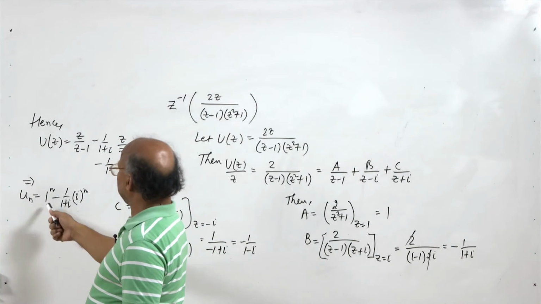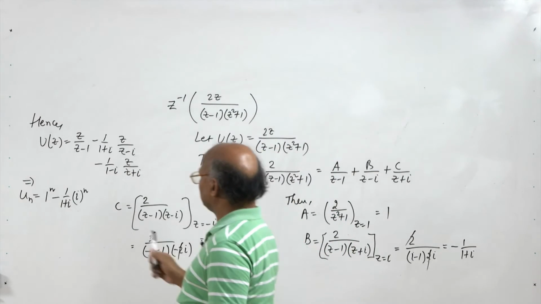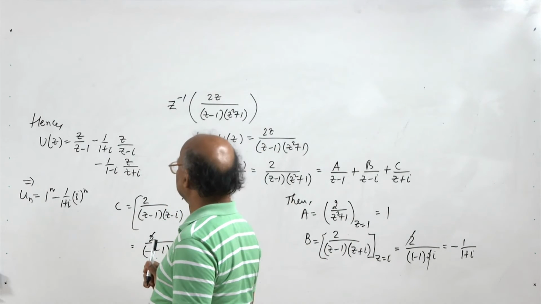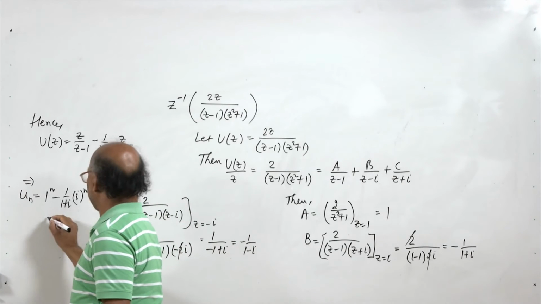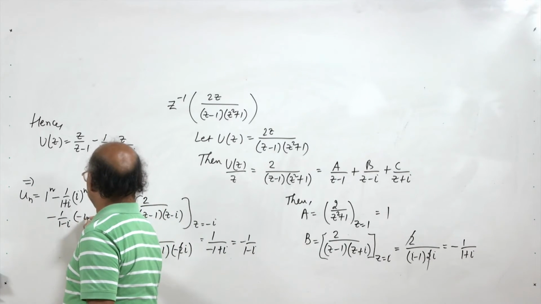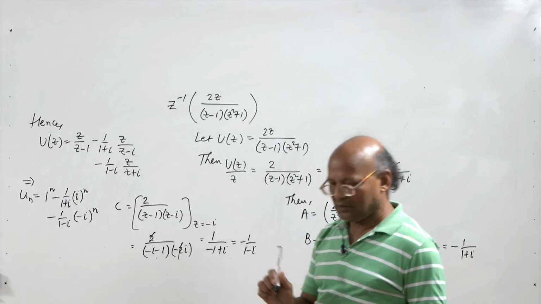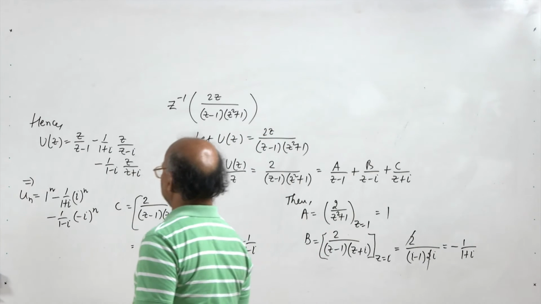So, here mod of z is greater than 1, here mod of z is greater than mod of i, which is also 1. So, region of convergence is same, mod of z greater than 1, and here we have minus 1 over 1 minus i into minus i to the power n, and the region of convergence is mod of z greater than mod of minus i, which is again mod of z greater than 1.